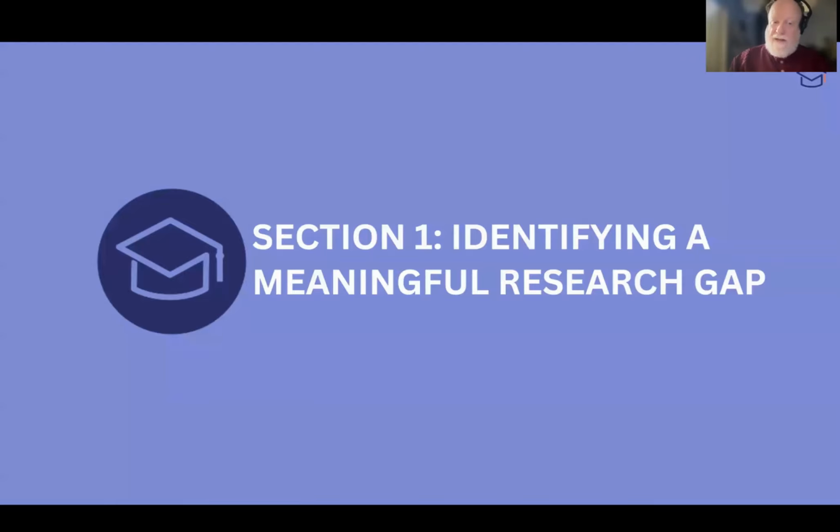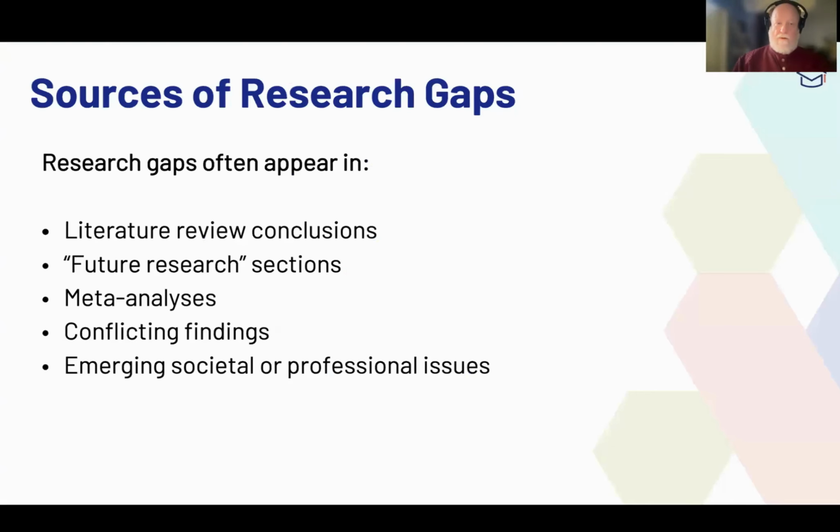So now let's take a moment, and I've divided the slides up into some sections. Right now we're just going to focus on identifying a meaningful research gap. Primarily, this is going to come from peer-reviewed journals.